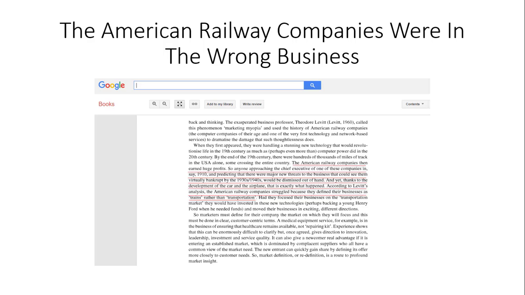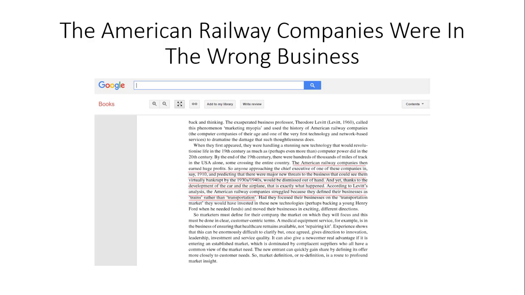They thought they would be in business forever because they were in the train business, but unfortunately they were in the wrong business, and they didn't know what kind of business they were in.